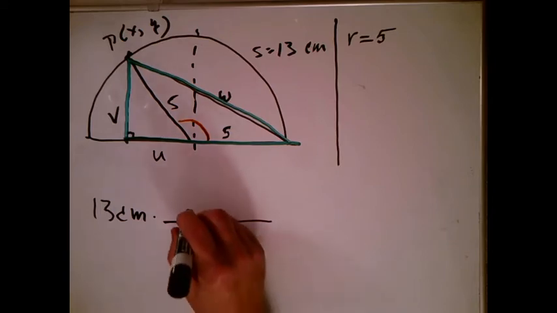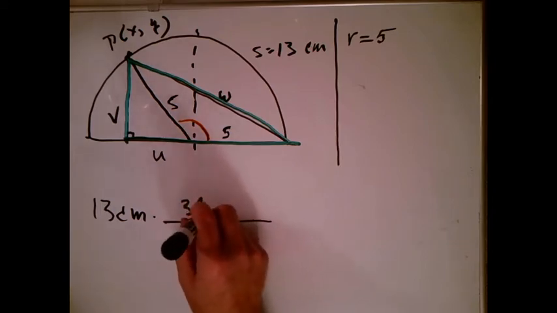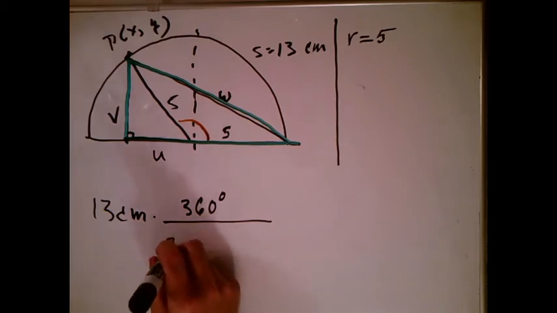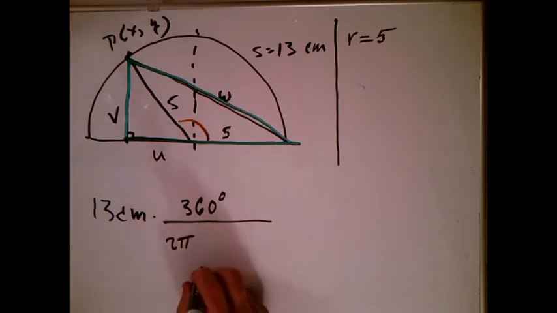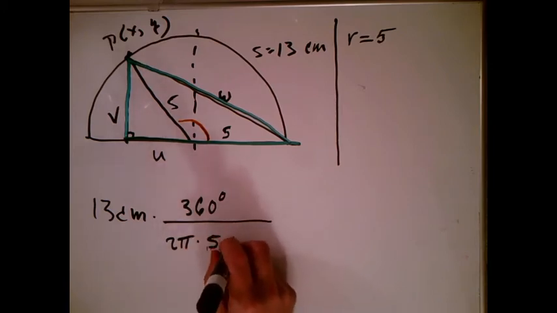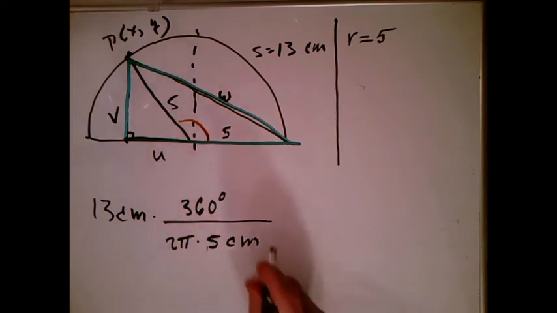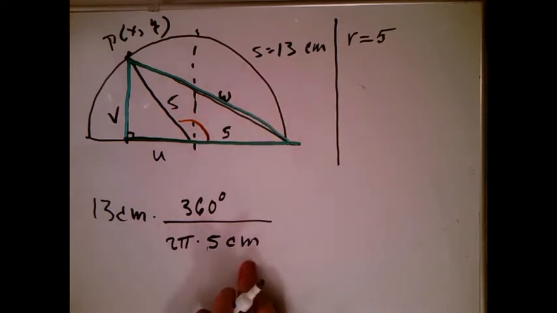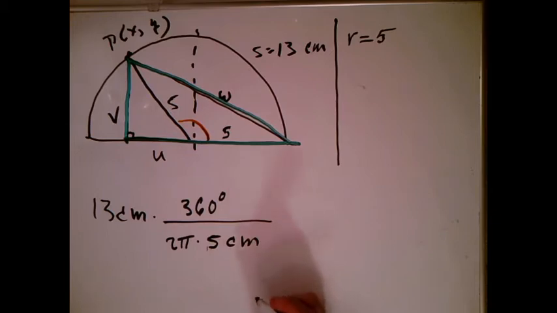So I want a lap on top, which is 360 degrees. Now a lap of arc length is 2 pi, and then the radius, which in this case is going to be, I think, 5 centimeters. Looks like that. Remember, the 360 degrees is a lap. 2 pi times 5 centimeters is also a lap, so this fraction is equal to 1, which is good.